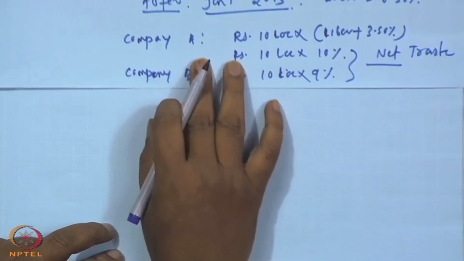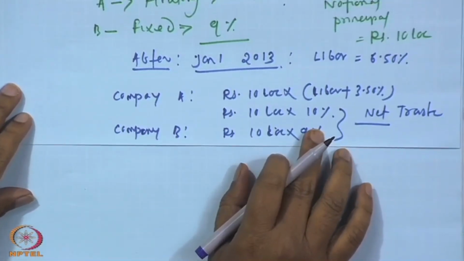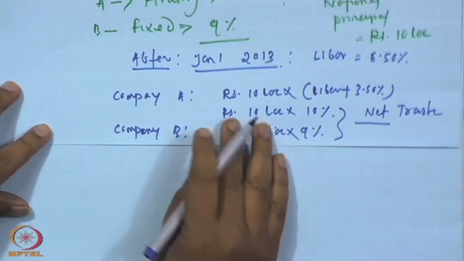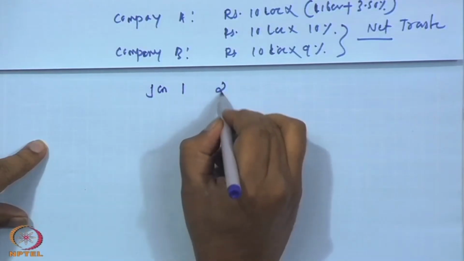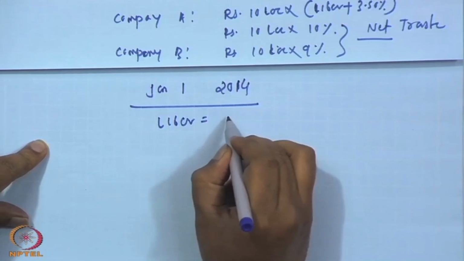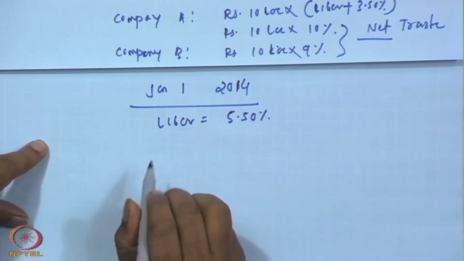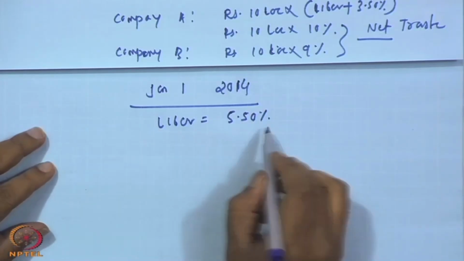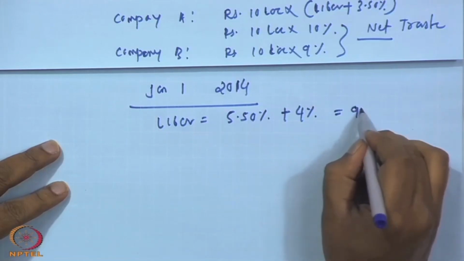Suppose after 1 year, on January 1st 2014, LIBOR becomes 5.5%. So the interest rate will be 5.5% plus 4%, that is 9.5%.